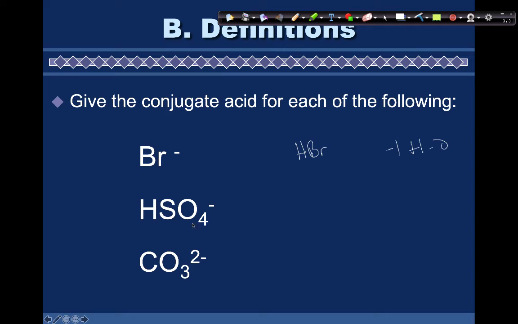So HSO4 minus, this is the base, bases accept, so add an H plus, so it's now going to be H2SO4, and then the charge will change as well, so minus 1 plus a positive 1 will give me 0. All right, so now let's do this one. Add just one H, and then we have a minus 2 charge plus a positive 1, which will give us a minus 1. So this will be minus 1.